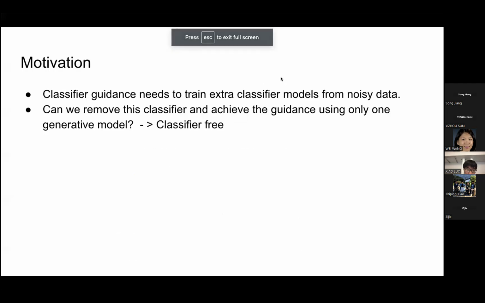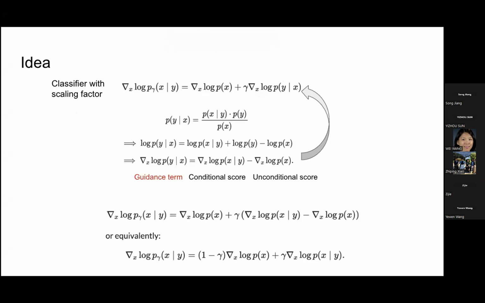Okay. Anyway, here our motivation for classifier-free guidance is that we don't want to use an extra classifier, but we still want to have the guidance. The idea is still from this factor, right? This is what we have in the classifier-based guidance with the scaling factor. Let's do a quick Bayes rule: we expand the conditional probability of p(y|x) with this, and then we take the log of both sides, and we take the gradient of both sides.